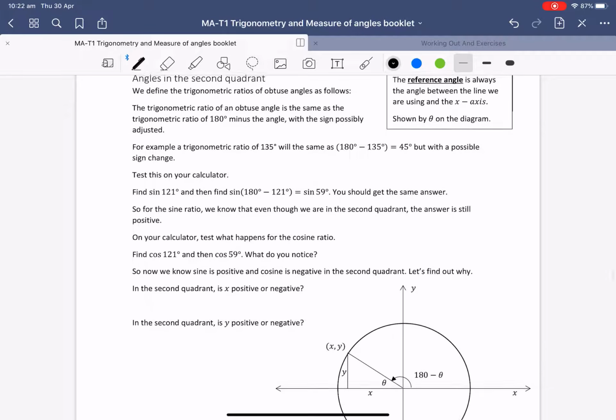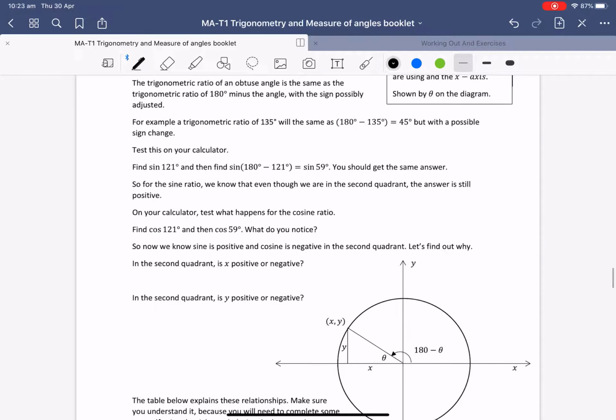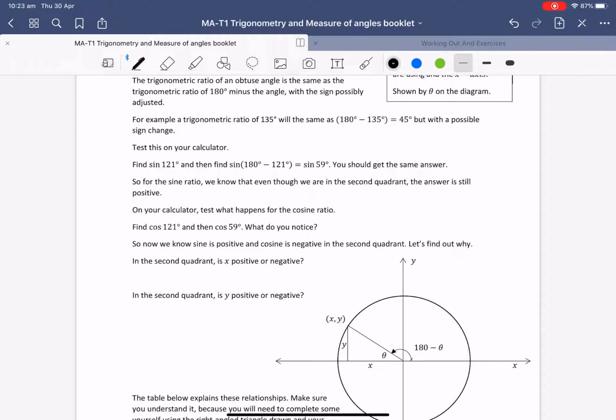All right, now in the second quadrant, it says we define the trigonometric ratios of obtuse angles as follows. It's always going to be in the second quadrant 180 minus the angle. So the reference angle that we're using, even though we're talking about this angle, we're always using the reference angle of theta between the x-axis and the line.